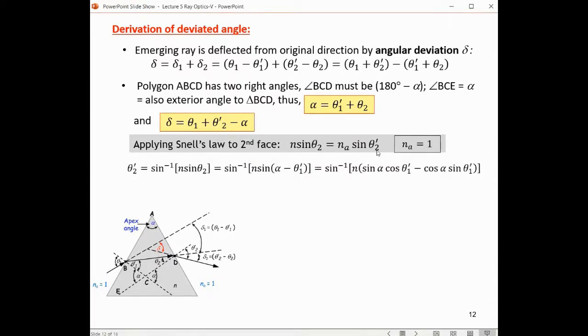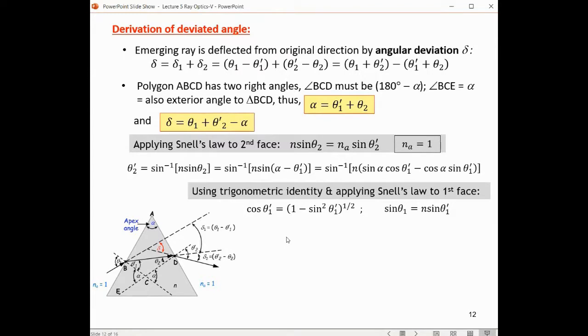So we have theta 2 prime equals arc sine of n sine theta 2, since NA is 1. And theta 2 is given as alpha minus theta 1 prime. This is the sine of the difference of two angles. Hence, it can be written as sine alpha cos theta 1 prime minus cos alpha sine theta 1 prime.